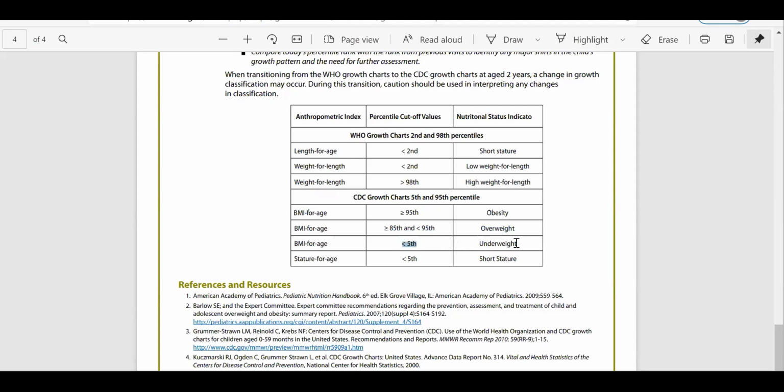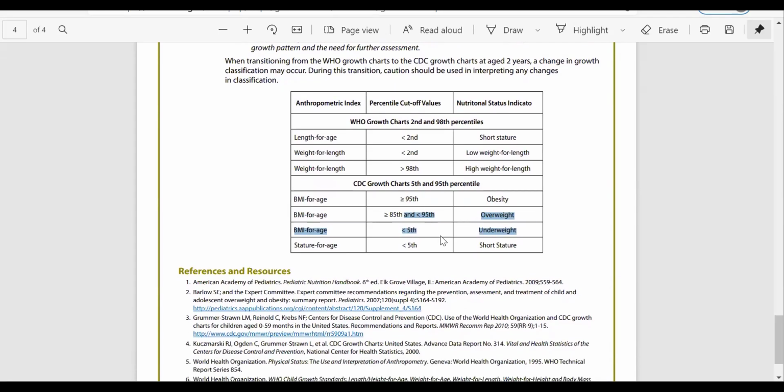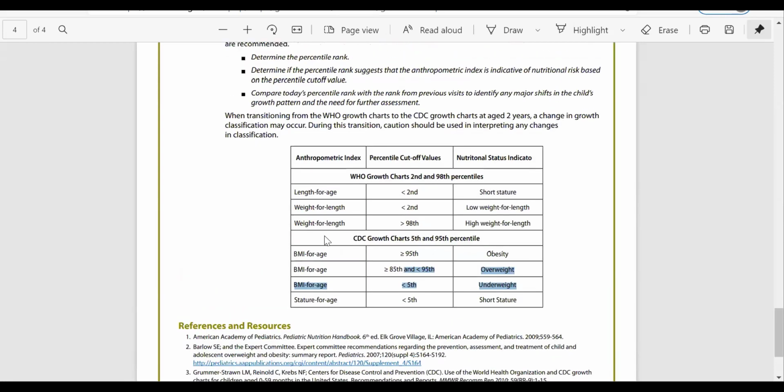Less than the fifth percentile is underweight. Okay, so the chart that we have used is a little confusing. It will be a better chart, I think, if we get a CDC chart, then they will not write anything like 97th or third percentile. They'll use the fifth percentile, 85th percentile, and 95th percentile. That's why there was a little confusion, but it's cleared up now.